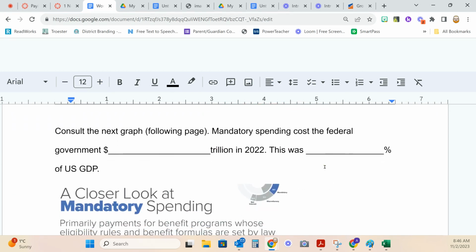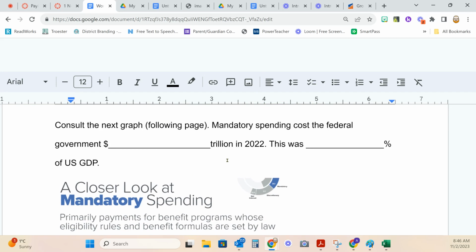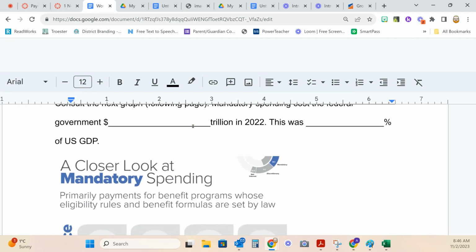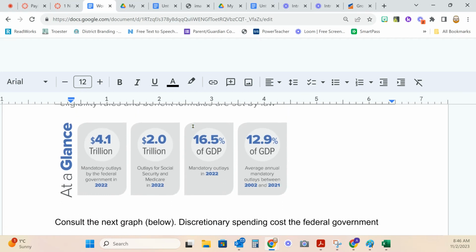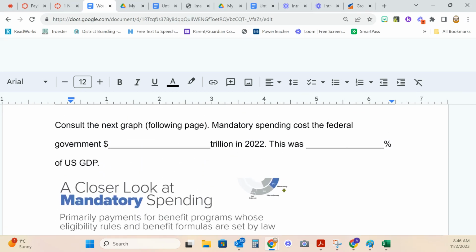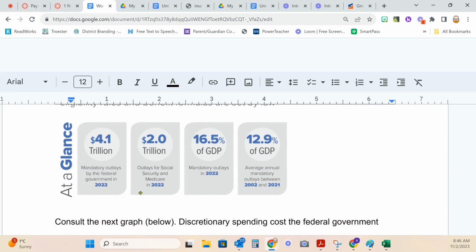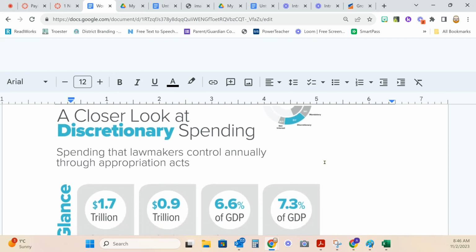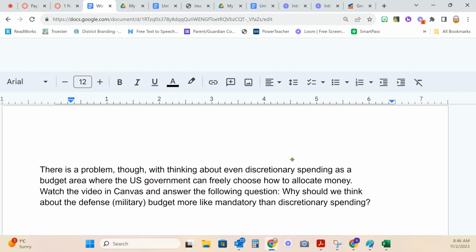And then you're going to move on to page 68 and see what mandatory spending cost the federal government in 2022. And that's going to be with these infographics there. And it will also tell you what percent of GDP that was. So you're going to use those infographics as you go.